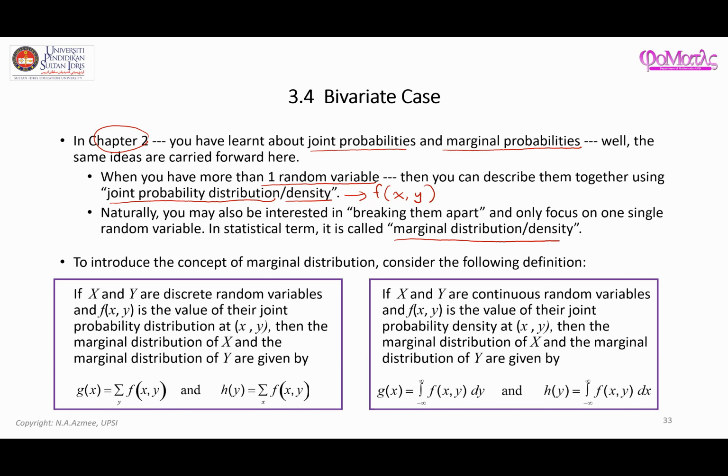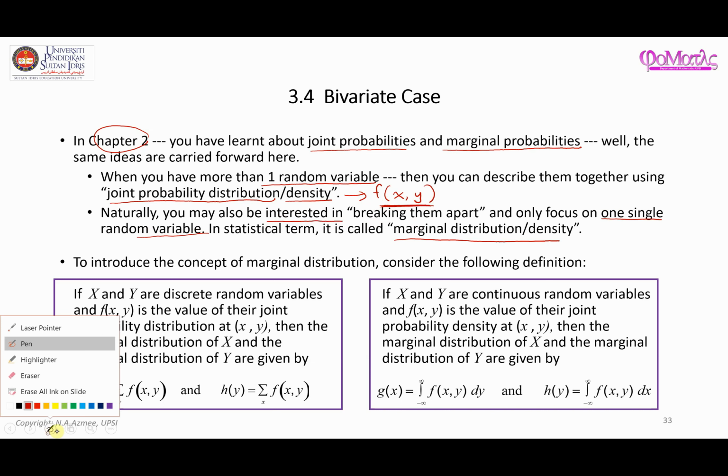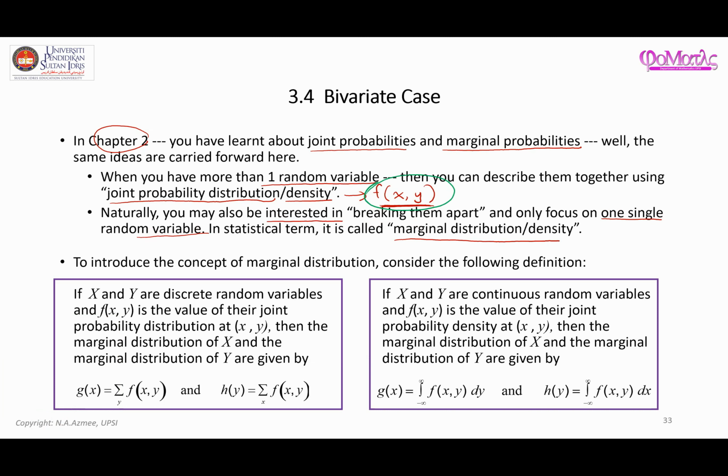Now naturally we may also be interested in breaking this joint probability apart, so that we can focus on one single random variable. For example, instead of talking about this joint probability distribution or density, you might want to focus on just f(x), or just f(y).